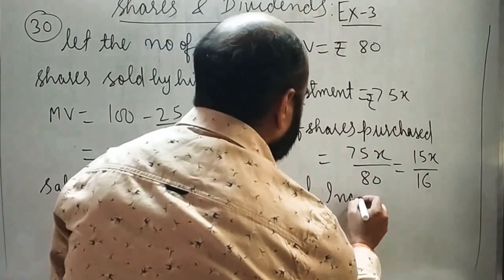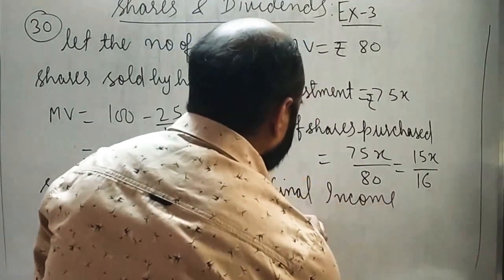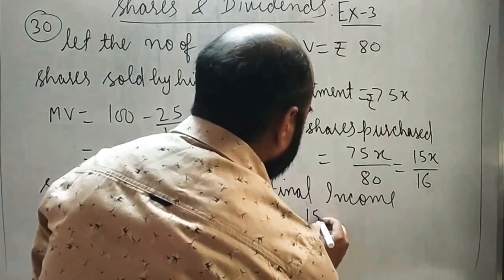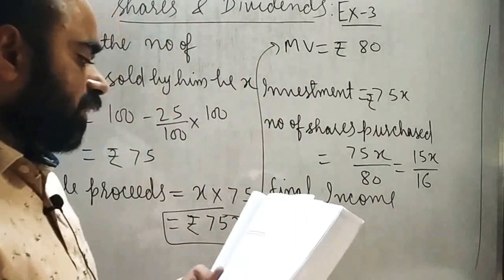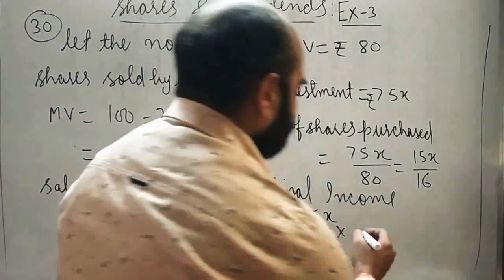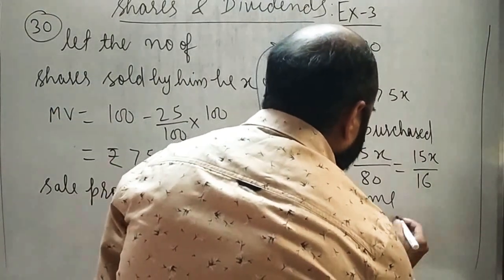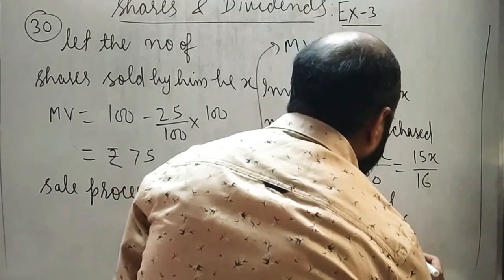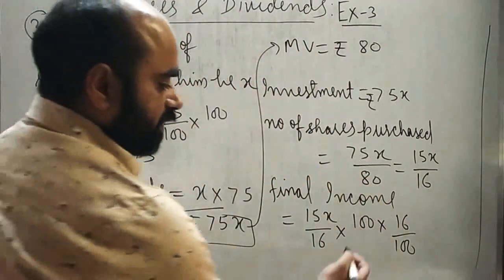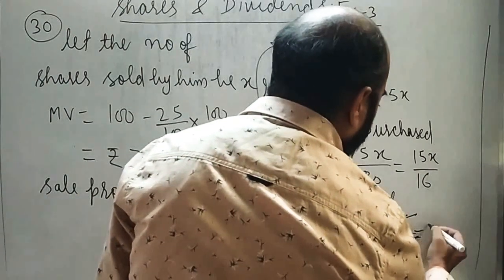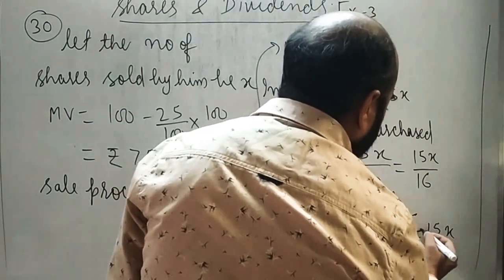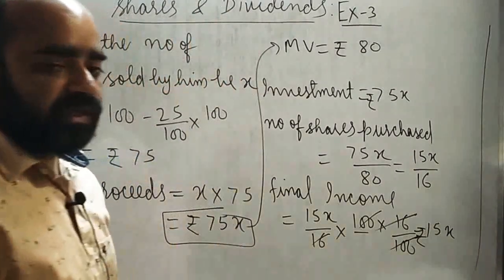Number of shares 15X by 16, face value again rupees 100, percentage dividend 16%. So that will come to 15X.